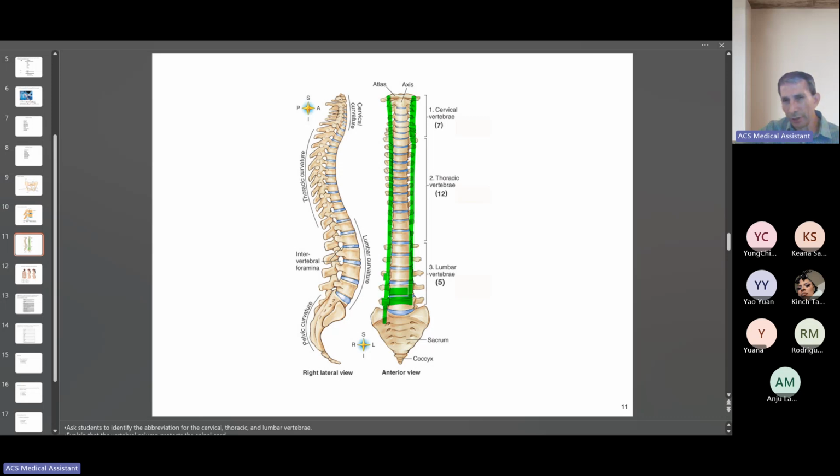See, vertebrae, all these are bony vertebrae, but in between them we have cartilage. The blue little part that you see in between the vertebrae, that's the cartilage. Why do we have a cartilage? Because the vertebrae move.